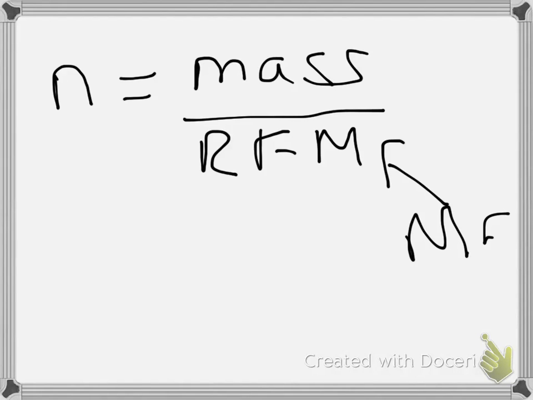And the second one is that number of moles is equal to C times V, where C is concentration and V is volume. So if I look at an example, we can use that to calculate the number of moles.